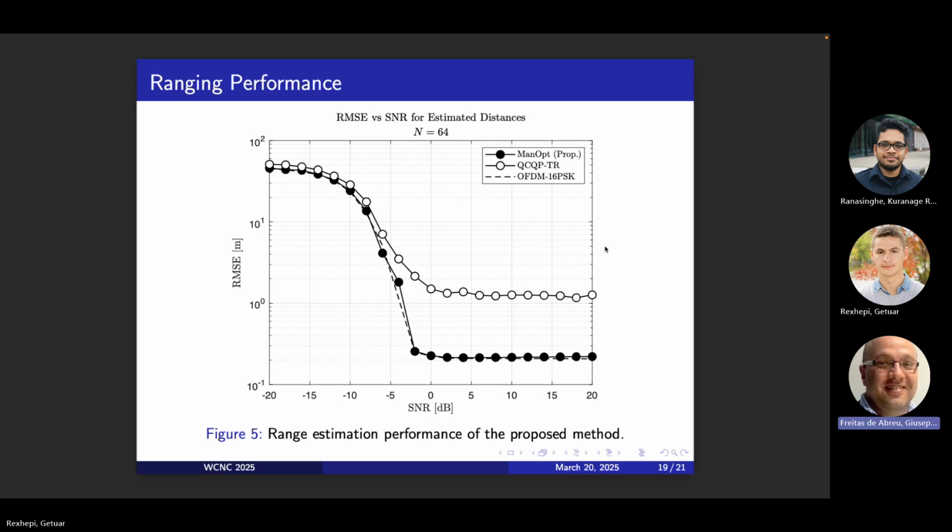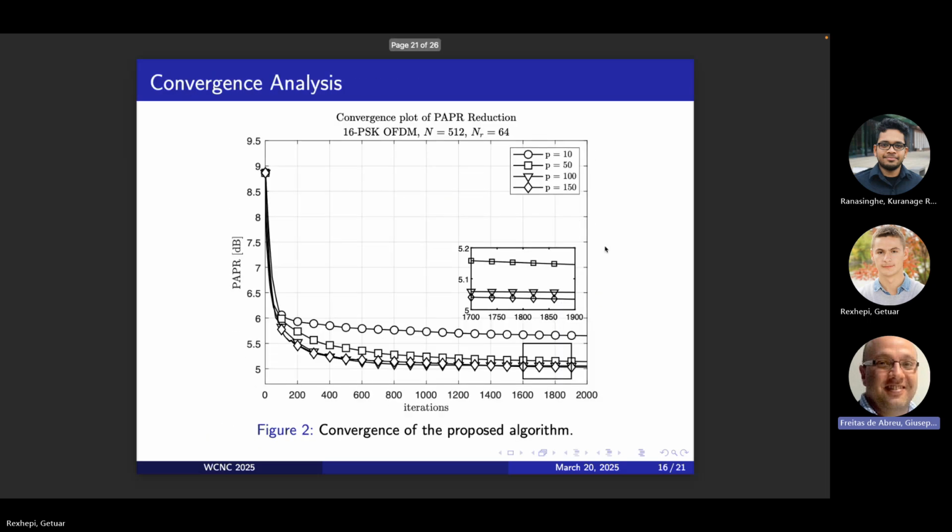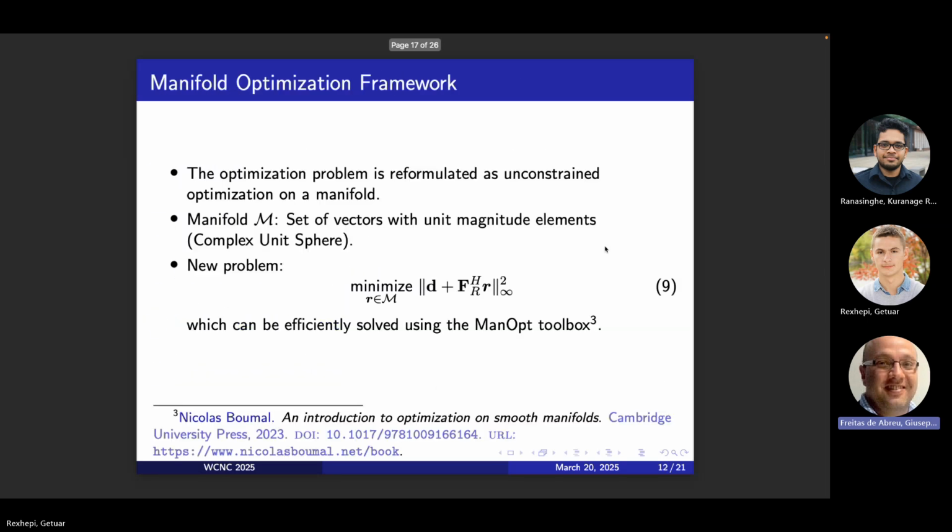Now, your scheme enables PAPR reduced OFDM using a 16 QAM, that's how I understand, thanks to the carefully designed tone reservation tones, which only the tone reservation tones have a PSK. Yes, this is correct.